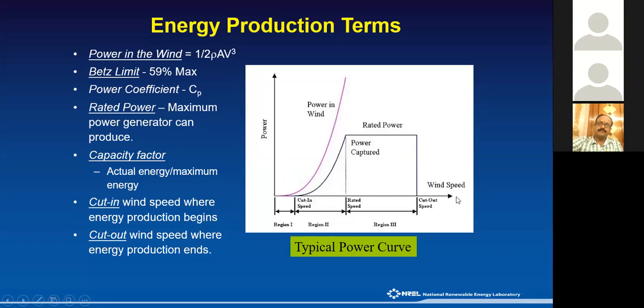Above the cut-out speed, we must move it to the parking mode. Cut-in speed is the wind speed where energy production begins. Cut-out speed indicates where energy production ends. So this is the answer for this question.